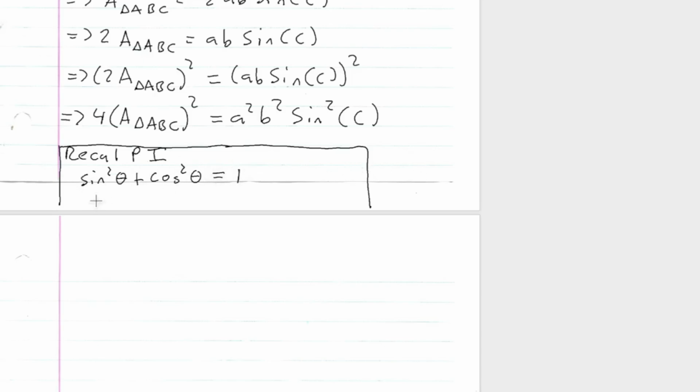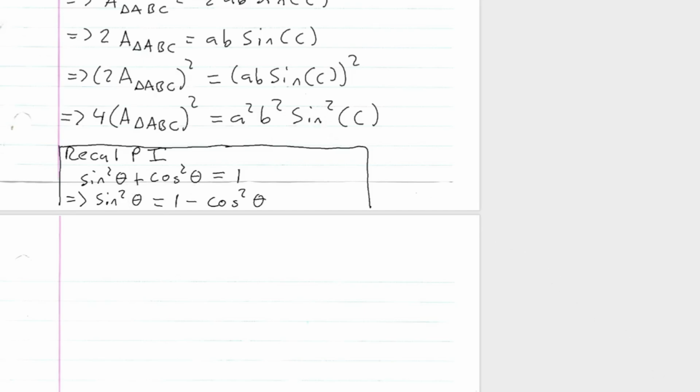So if I were to manipulate this equation, I could get sine squared of any angle is equal to 1 minus cosine squared of any angle.